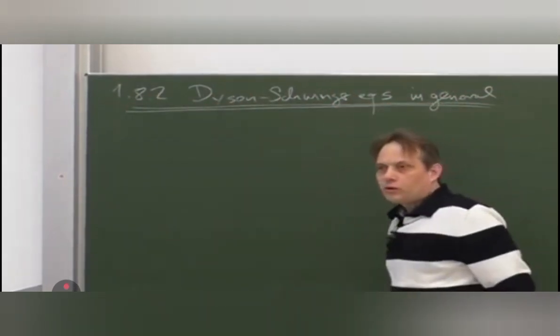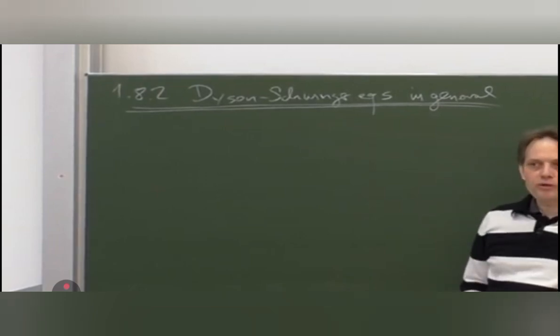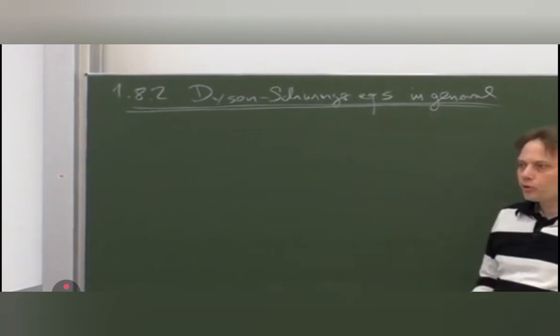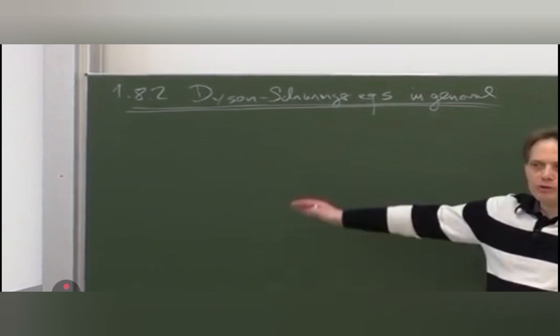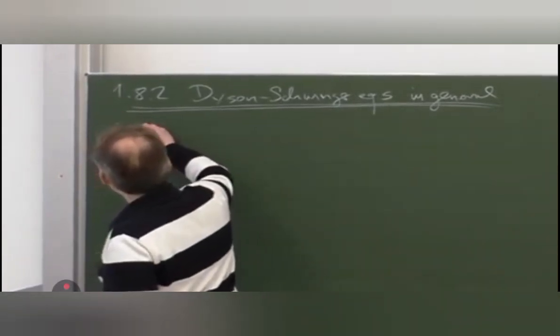So the condition under which we will derive these general Dyson-Schwinger equations is that the path integral measure is invariant under infinitesimal field transformations in the way we defined it at the end of the last lecture. So we assume now that the measure is invariant.